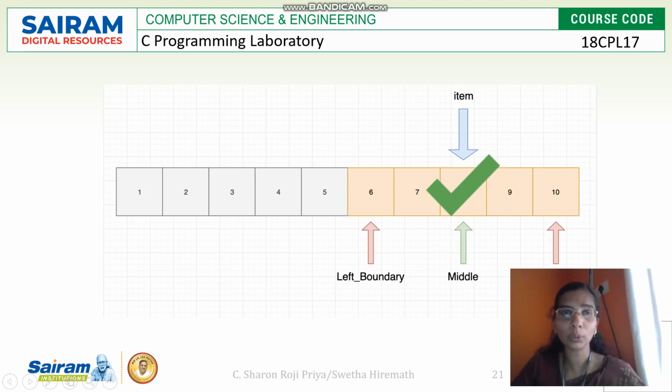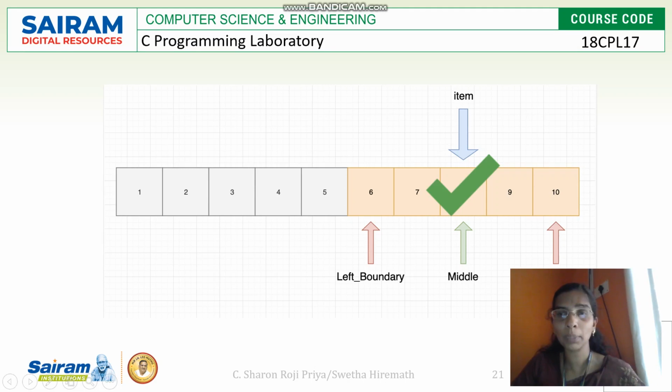So what you have to do: the first index is pointed to by the variable first. You are supposed to move this first variable to middle plus 1. Why am I using middle plus 1? If the search element is greater than the middle, it is enough to search this colored boundary.